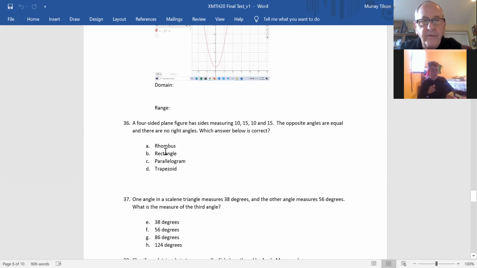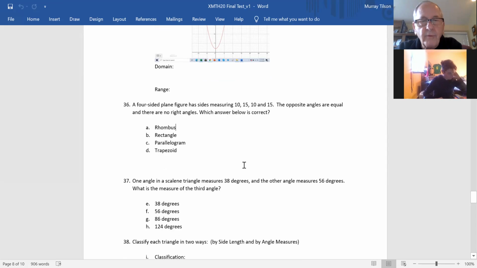That defines that. A parallelogram is where two opposite sides are equal. So this thing here, there's 10 and 10 and 15, 15 would end up being a parallelogram. A trapezoid is anything where just there's two opposite sides of parallel lines. Okay, that's a trapezoid. So those are the four options.